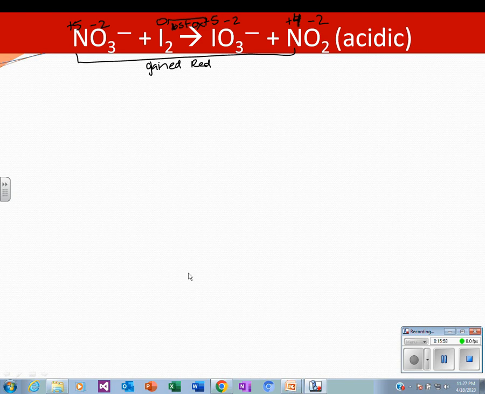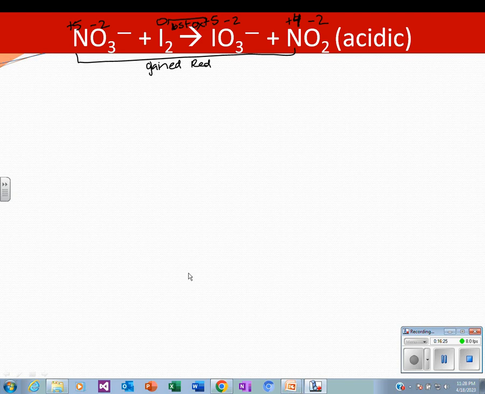But nitrogen will end up being a +5 because oxygen is a -2 times 3 is a -6, and we need it to be a -1 overall. Then I2 will be 0. Then that's iodate, IO3 minus, where oxygen is a -2 times 3, so that's a -6, which makes the iodine a +5 because it needs to be a -1 overall charge. And then our nitrogen dioxide, oxygen's a -2. It's a neutral compound, so our nitrogen has to be a +4.